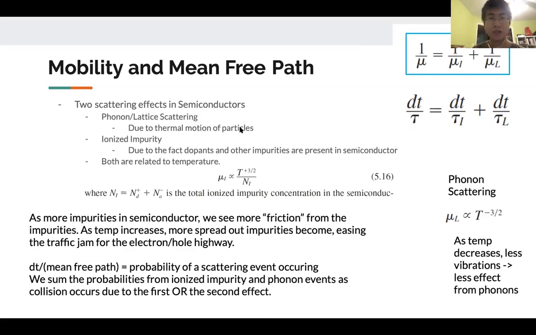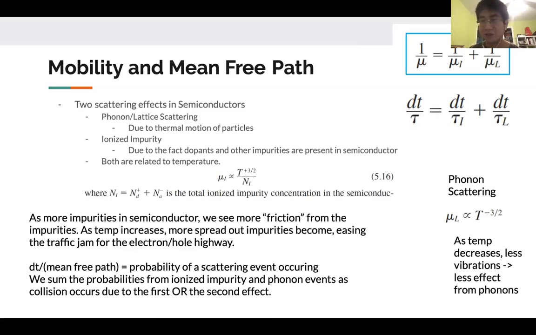The other is phonon lattice scattering, which is due to the thermal motion of particles. If you're trying to run a straight path and some crazy driver is swerving left and right, it makes it harder to get where you want to go safely. That's kind of what phonon scattering is.